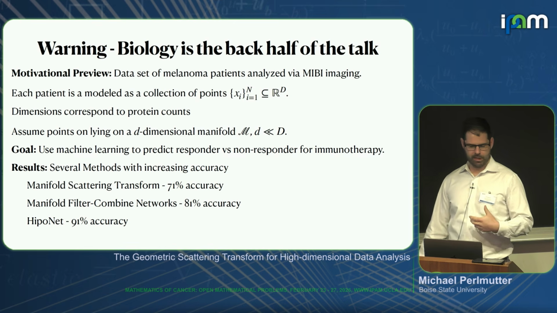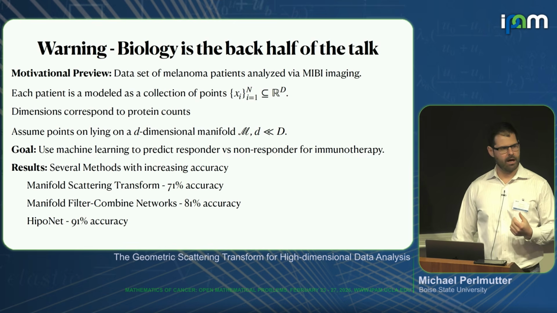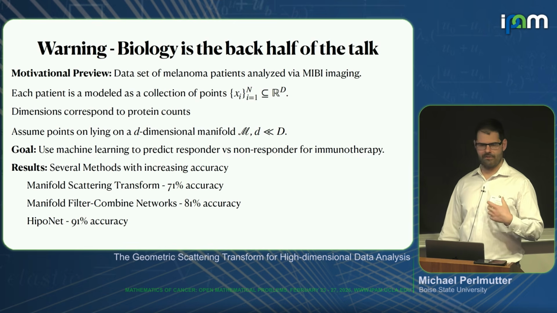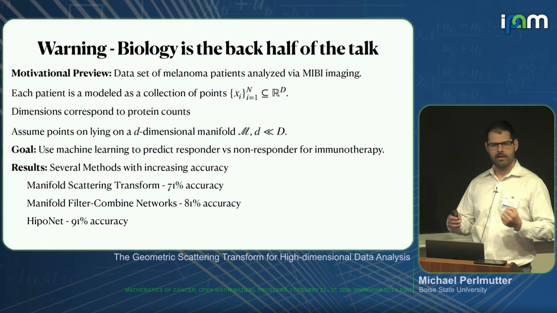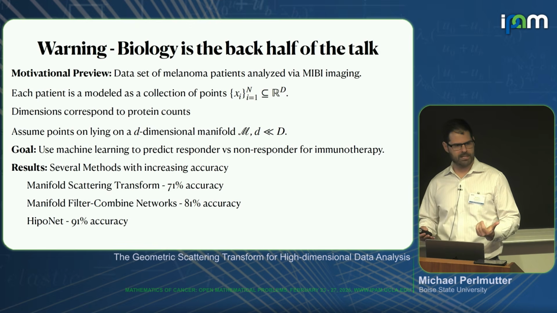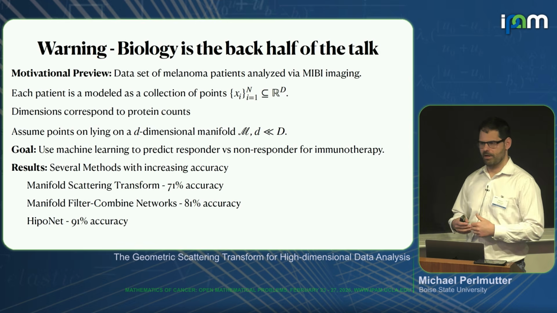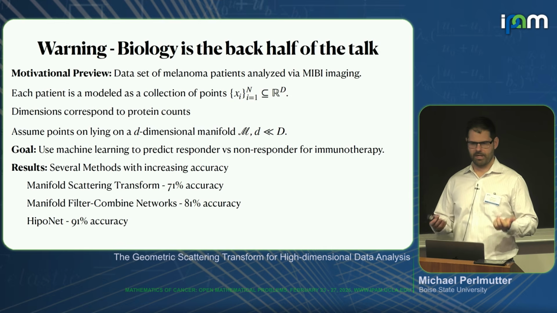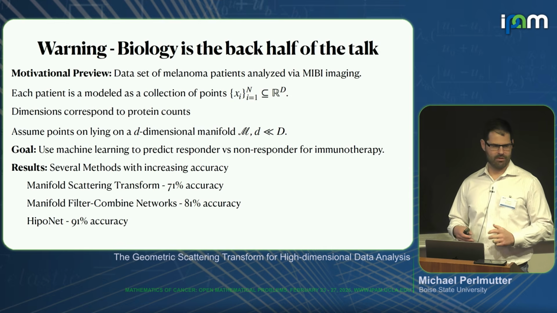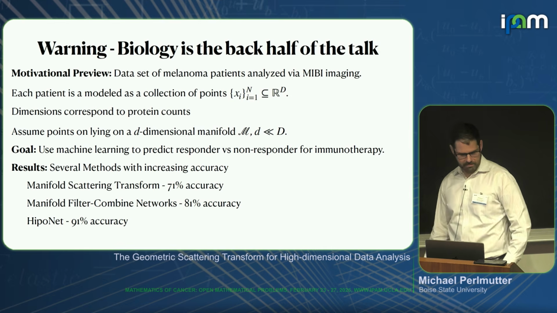And what we wind up with is protein counts for each of the patients, which we think of then as every patient being a collection of proteins. Each protein is a point in high-dimensional space. And so therefore every person is a point cloud, which we are going to assume satisfies the manifold hypothesis, although that could get me in hot water after this morning.